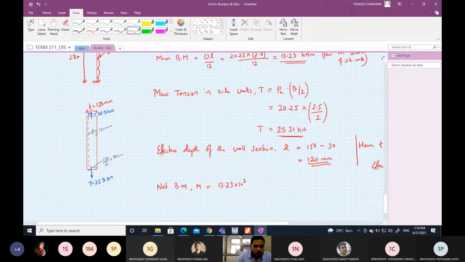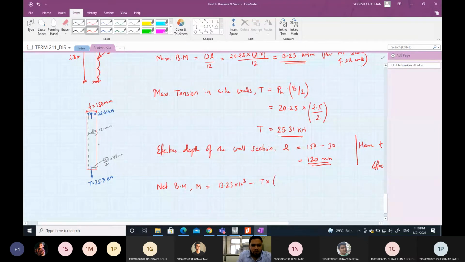So the moment due to this axial tension will be equal to 13.23 minus T into D minus half the thickness, T by 2. So D minus T by 2 is the lever arm distance for this axial tension, so you can find the moment at the CG of the reinforcement.